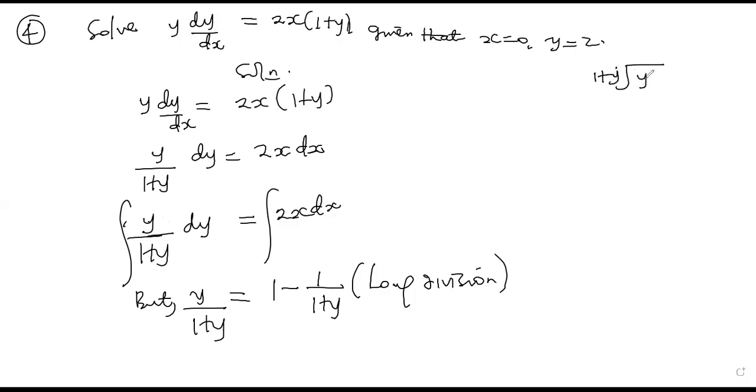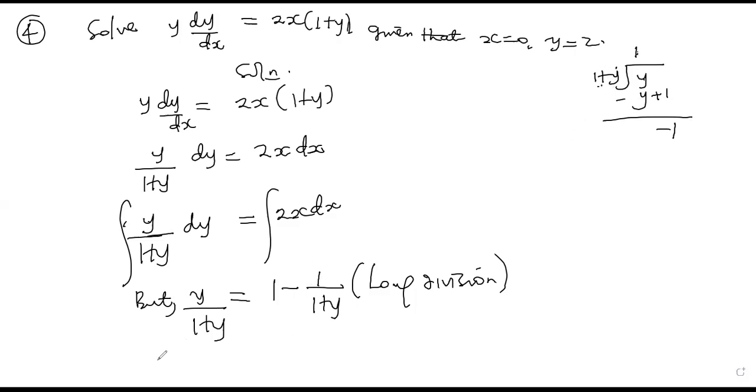If you get y by y, you get 1. 1 times y, you get y. 1 times 1, you get positive 1. When you subtract, because here is 0, you get negative 1. So you're having a negative 1 divided by this, which is not possible. So that's why we are having 1 plus negative 1 over this after using long division.